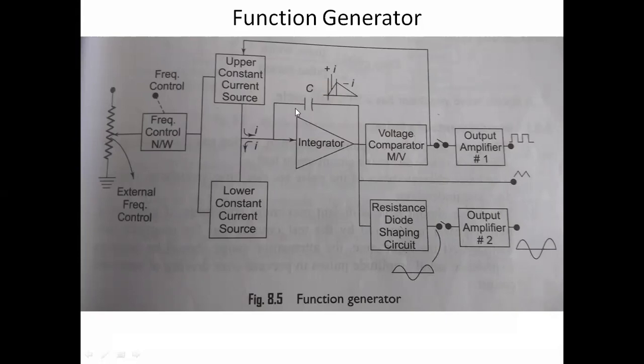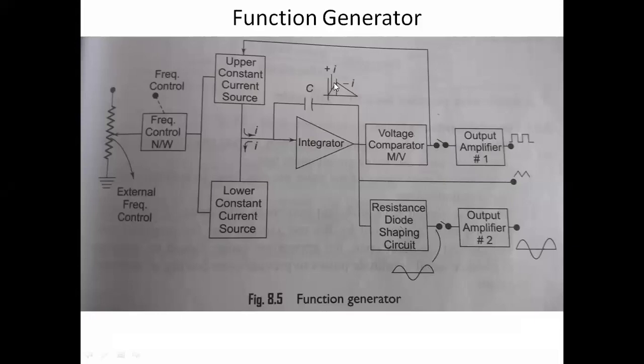That output voltage is increased. In this case, the capacitor is charging. Capacitor charging means the slope of the output voltage is increasing. This is the increased slope.